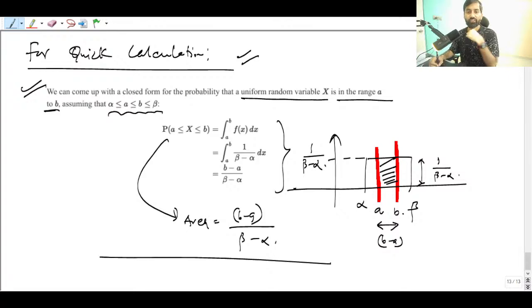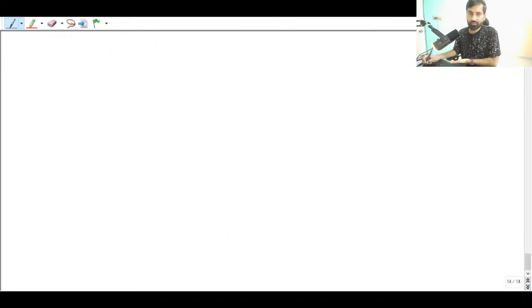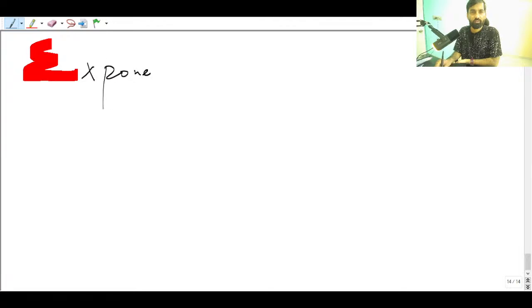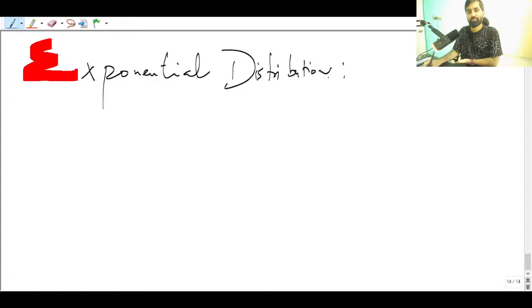So these are the problems that you can understand, right? Now we will talk about, guys, the exponential density function, or we can also say the exponential distribution. It is a very important distribution, right?